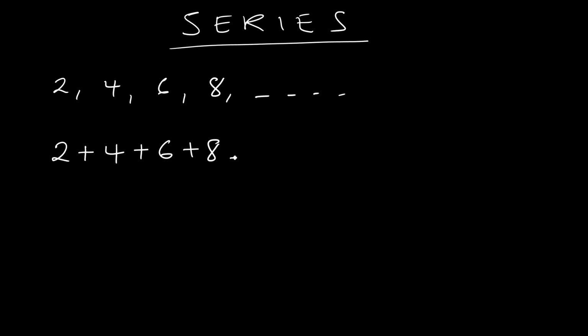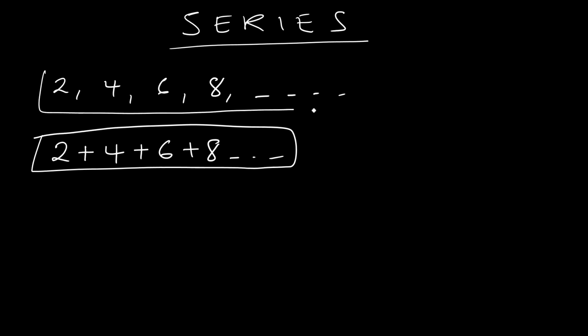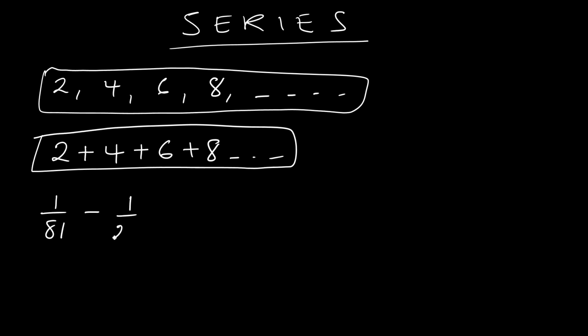Like this. So this one is a series. This one is a sequence. So look at the arrangement. We can also talk about 1 on 81, 1 on 27, minus 1 on 9, 1 on 3. So these are all series. They are connected with either plus or minus sign. That is what is meant by series.